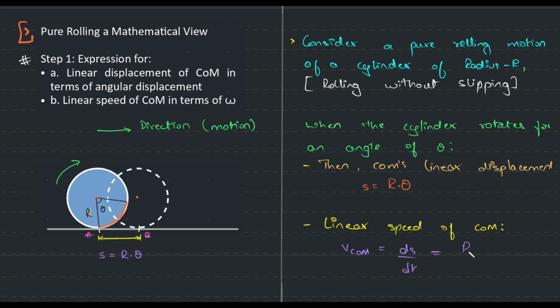This will be r d theta by dt, right? R is constant. d theta by dt is what can change. And that will be nothing but your omega. Agree?